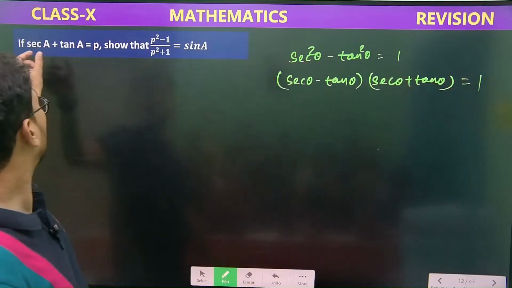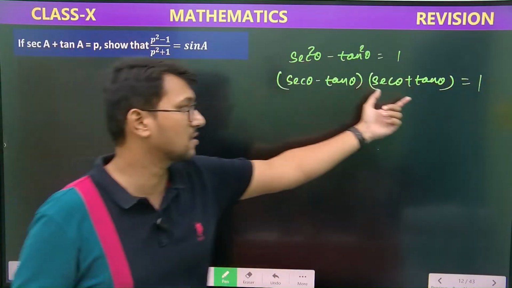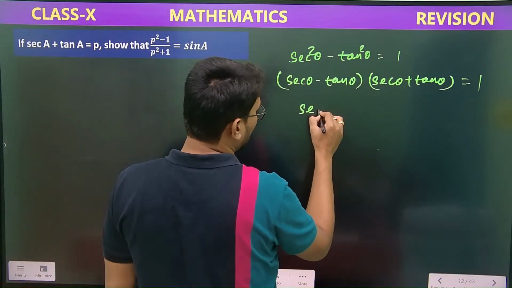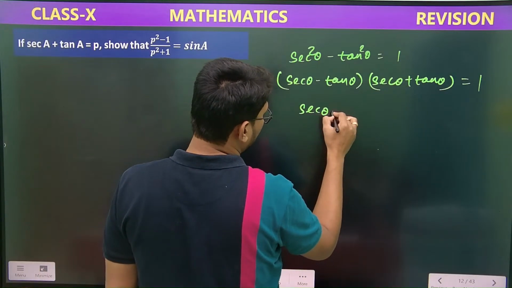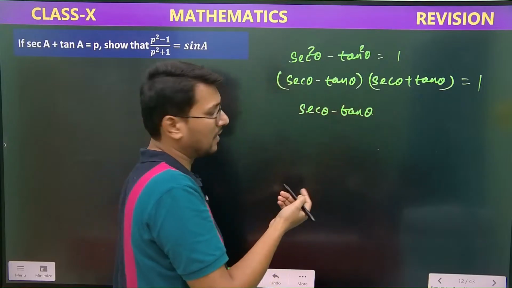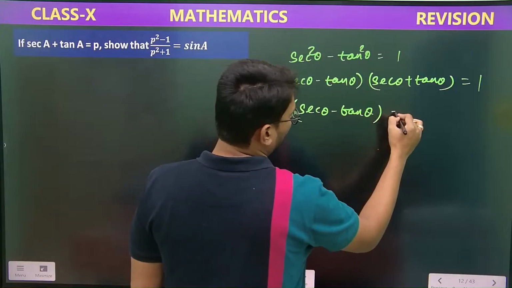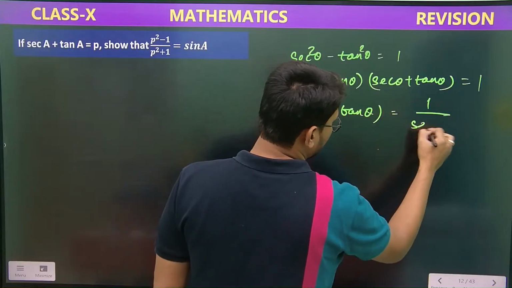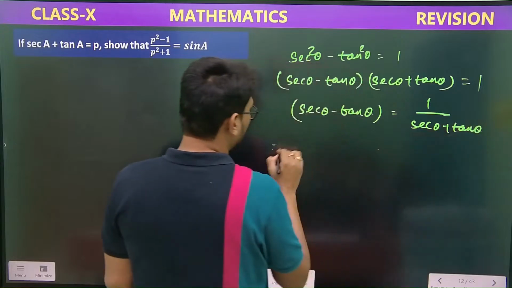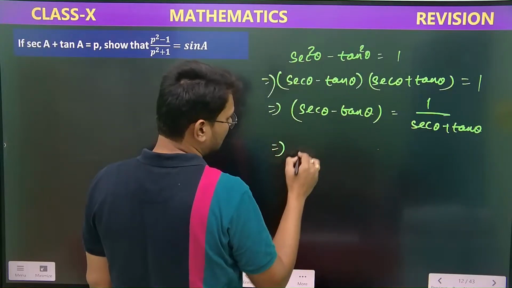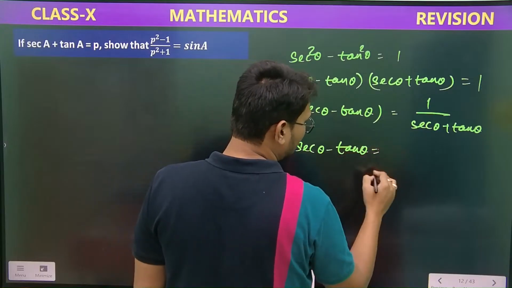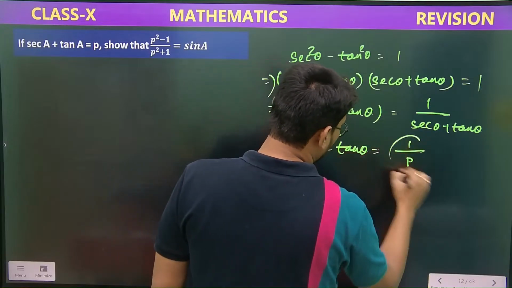Hence, check karo sec theta plus tan theta is given, means this one is given P. So sec theta minus tan theta kitna hai? There A given, I am writing here theta, right? So that is how much? Equals to 1 by sec theta plus tan theta. Okay, this implies sec theta minus tan theta equals to 1 by P. I can write or not?